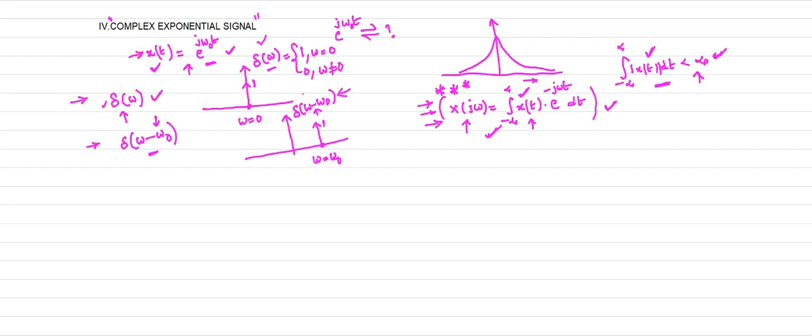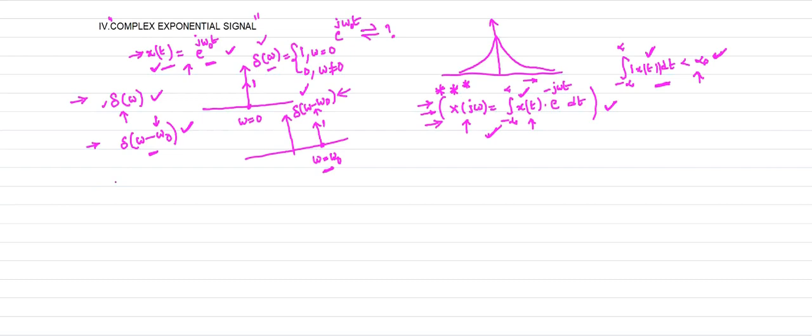So this unit impulse signal is defined at omega equal to omega naught only. In other places, its value is 0. So that is your shifted impulse signal.